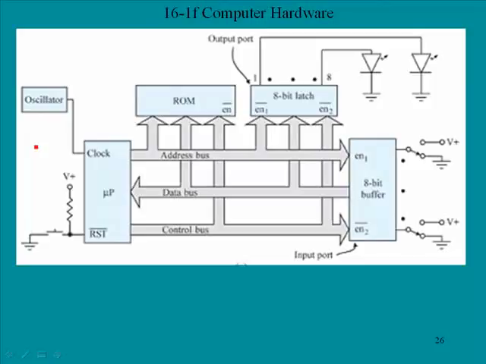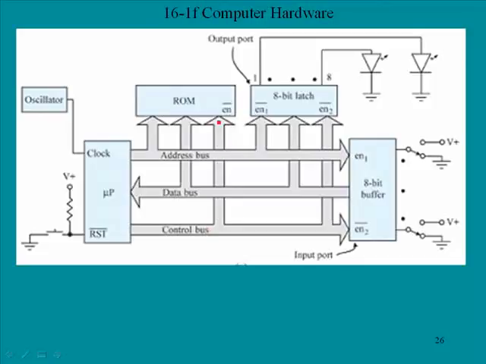The microprocessor now begins to access memory by outputting the program counter to the address bus and activating the control bus signal memory read. So it outputs the address, and again it accesses the memory read.